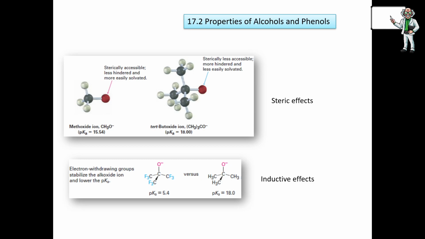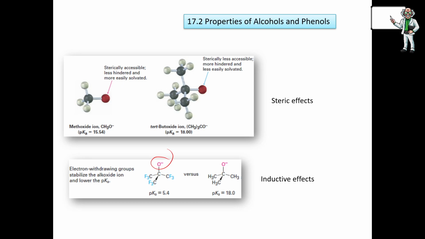Check that the pKa of the fluorinated one is by far lower than the pKa of the tert-butanol. Okay. Why? Because when we have a very electronegative atom in the carbon chain, this stabilizes the negative charge of the oxygen, okay, by inductive effects. That means that the more electronegative atoms we have in the carbon chain of the alcohol, the more acidic this alcohol will be.